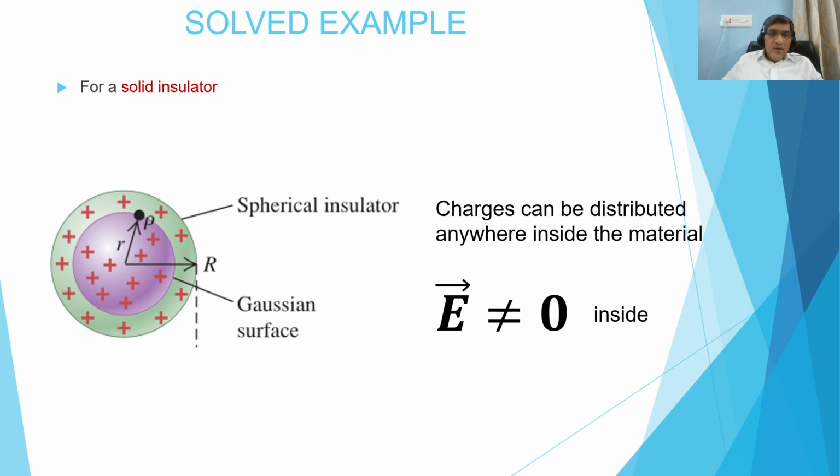Now move further. Here is some more special example. This is a solid insulator. Don't confuse it with a conductor, so the electric field inside it is not equal to 0, as you see in the PPT. So we have to calculate the electric field. We have a volume charge density, that is, charge is uniformly distributed throughout the volume of the sphere, and we draw imaginary Gaussian surfaces inside and outside.